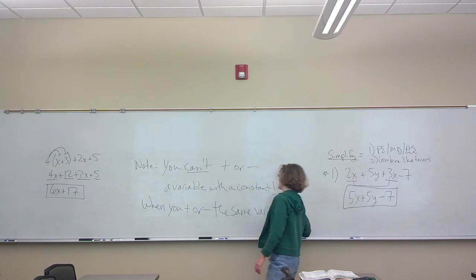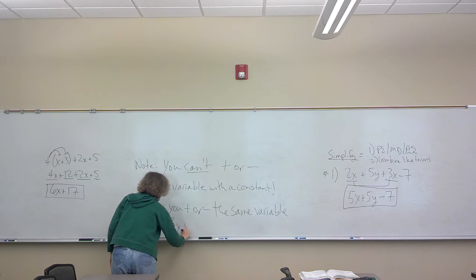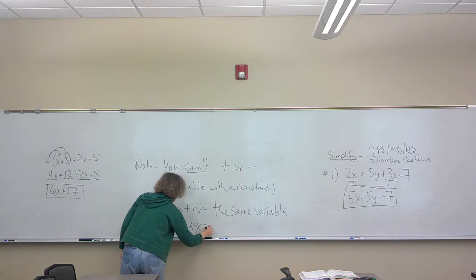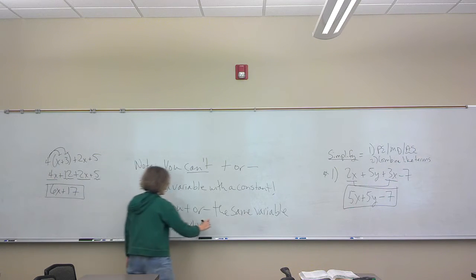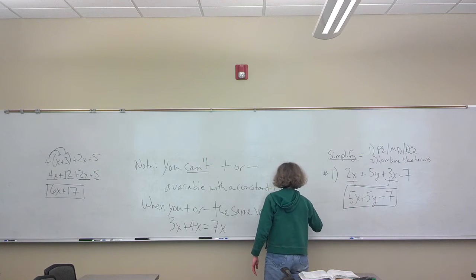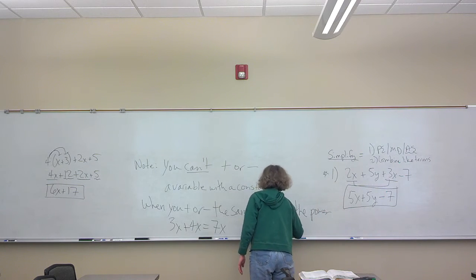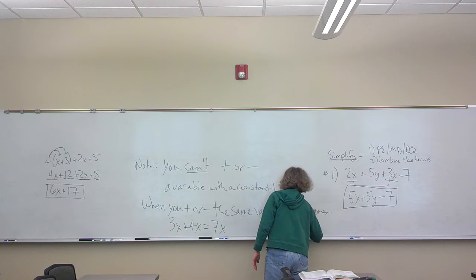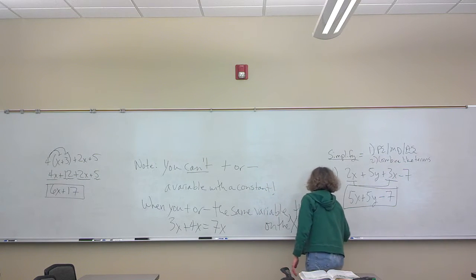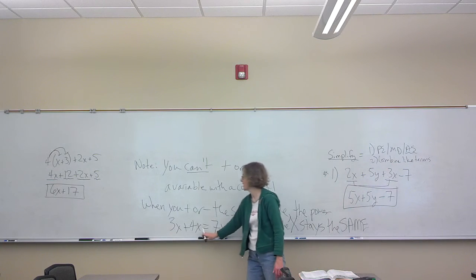Another important thing to know is when you add and subtract the same variable, like a 3x and a 4x, that gives you 7x. The power on the x stays the same. So if you start out with a plain x, you're going to end up with a plain x.